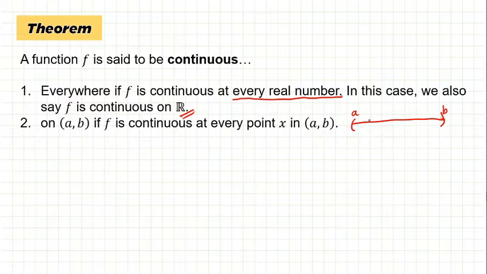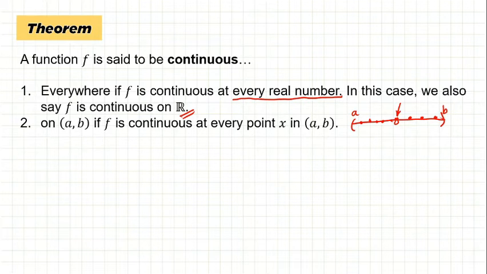Okay? So lahat ng points na makikita natin dito, dapat yung function ay continuous. If merong isa na makakapag-discontinuous sa kanya, automatic, the function is not continuous or discontinuous on that given open interval.